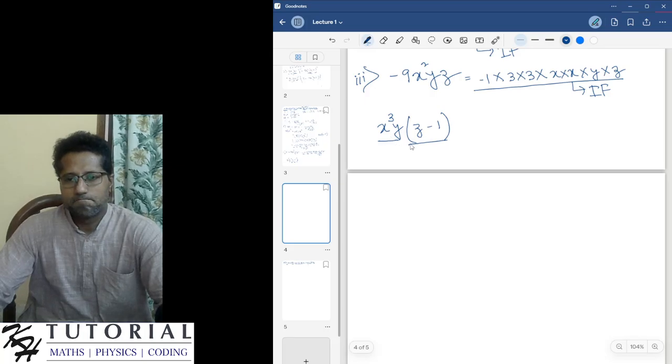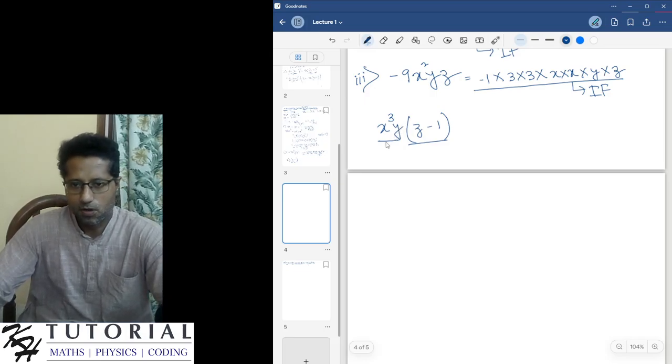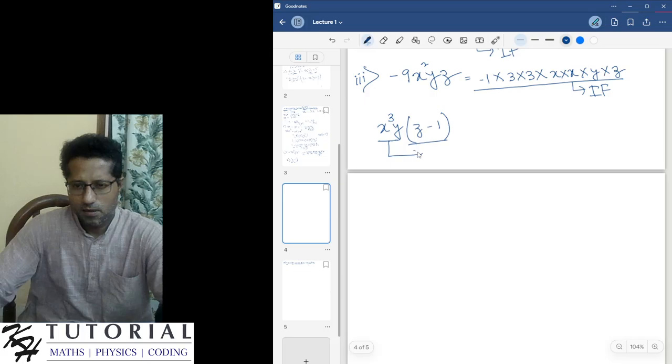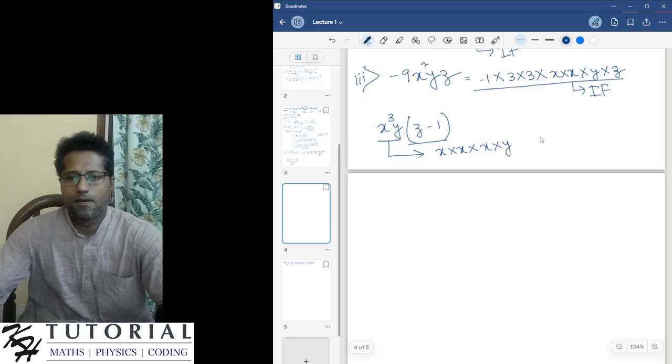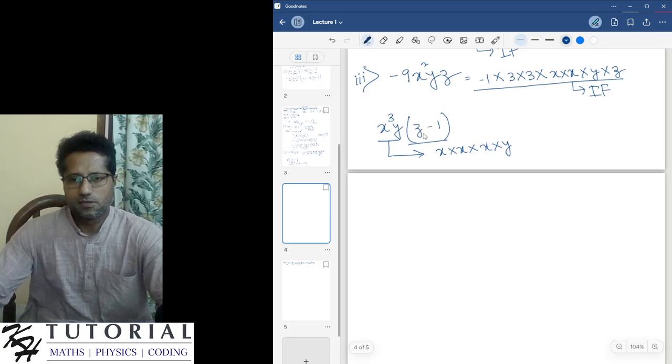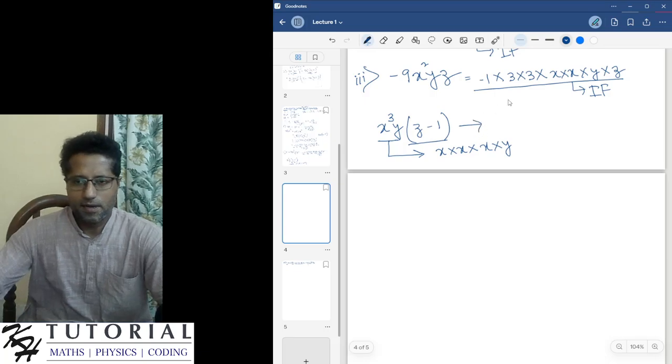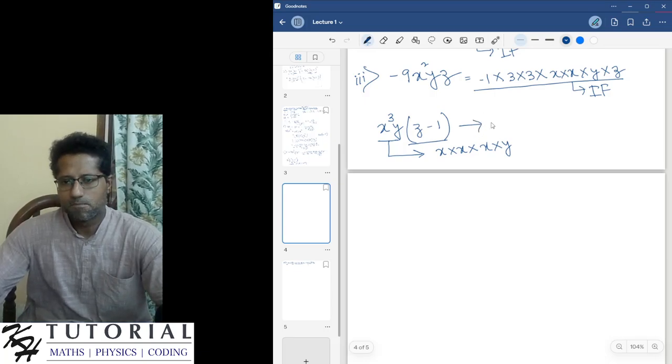But the factor x cube y is not an irreducible factor, because this can be further written as x multiplied by x multiplied by x multiplied by y. So the entire algebraic expression can be written as x multiplied by x multiplied by x multiplied by y multiplied by z minus 1.